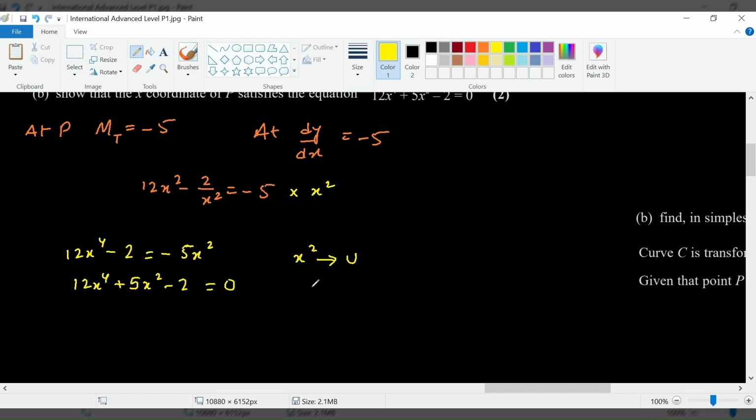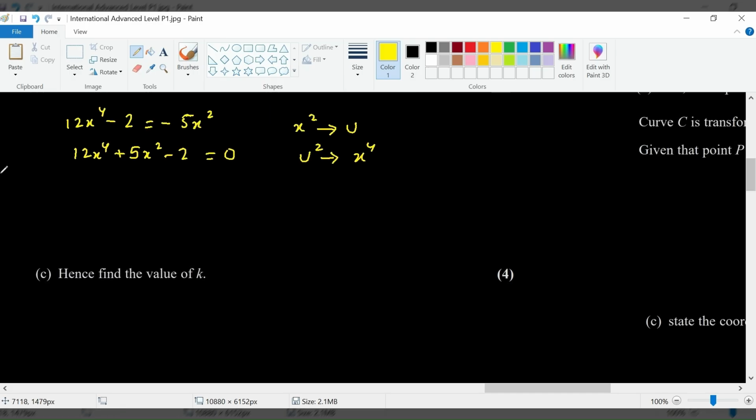So u² will be equal to x⁴. I replace that here, and this is 12u² plus 5u minus 2 equals 0.